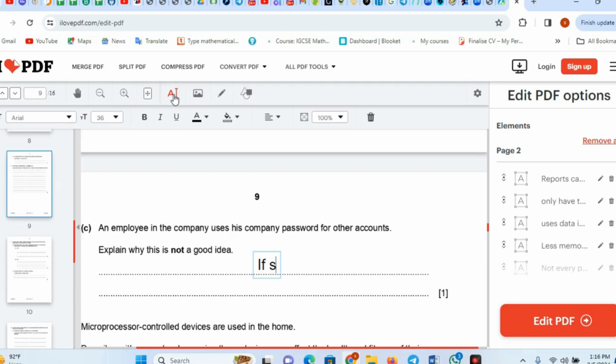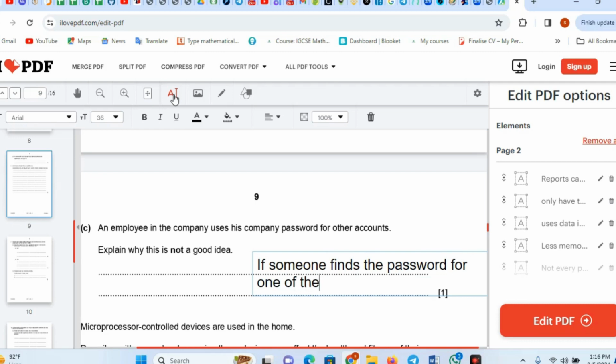If someone finds the password for one of the system or for one of the accounts, then the others are what? Others are compromised because they use the same password.